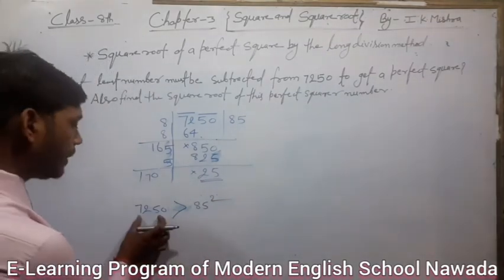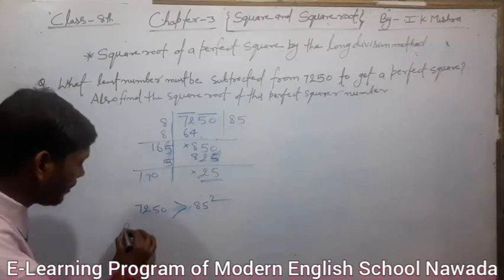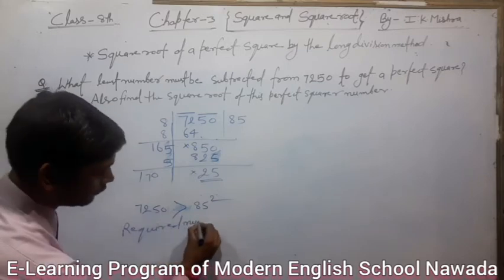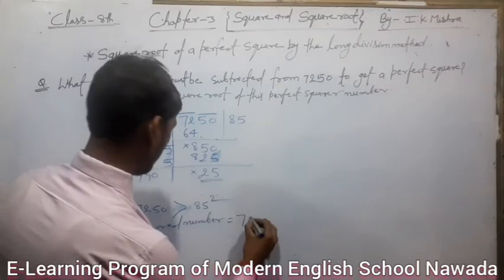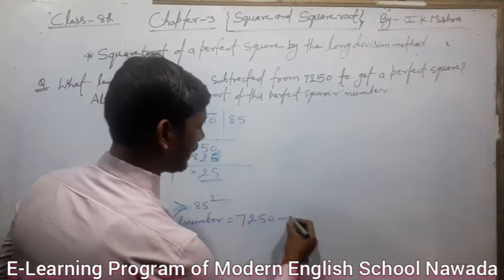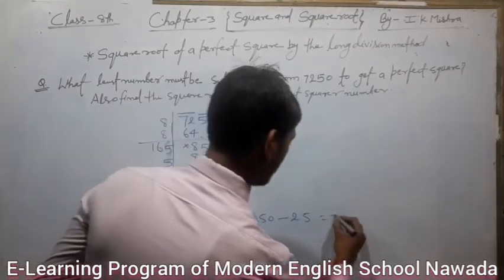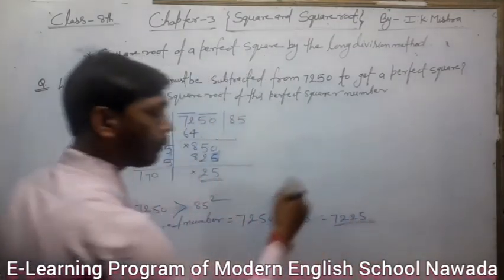To get 85 square, the required number is equal to 7250 minus 25. That means 7225 is a perfect square number.